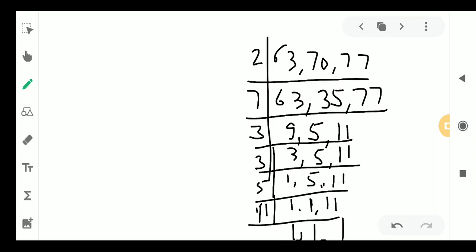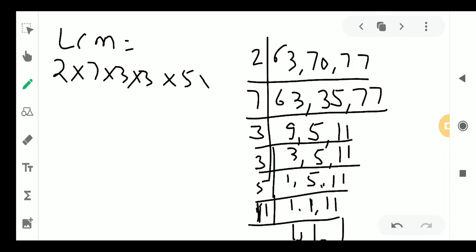So LCM will be the product of all this. So 2 into 7 into 3 into 3 into 5 into 11. Now we will multiply this.